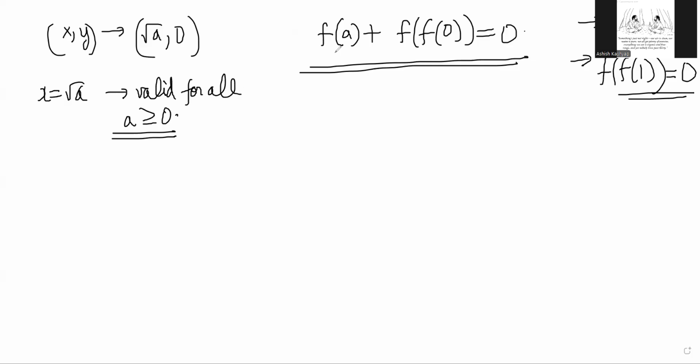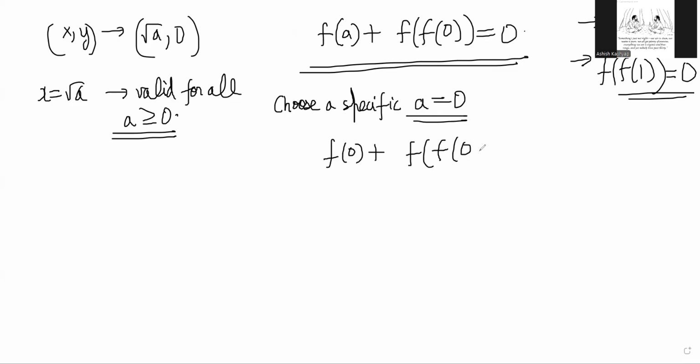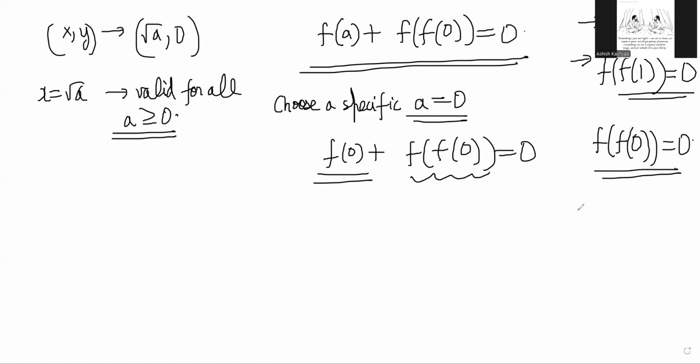So that means f of 1 plus this is 0, f of 2 plus this is 0. So let's choose a specific a. Choose a specific a. Which a? A is equal to 0. So then we can put that here and we get f of 0 plus f of 0 is 0. But f of 0 is 0. So therefore this is also 0. So what we have gotten is f of 0 is also 0. Right?